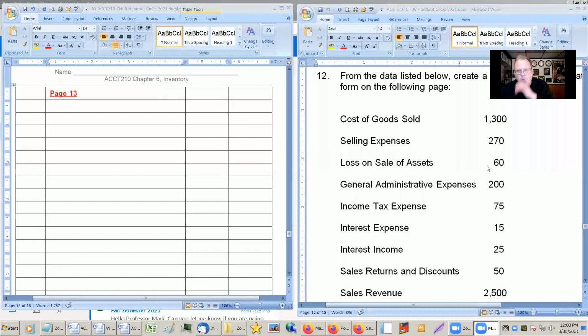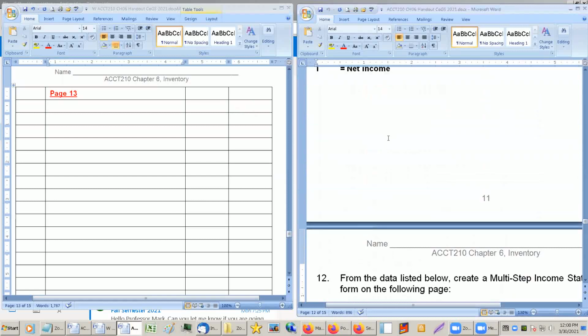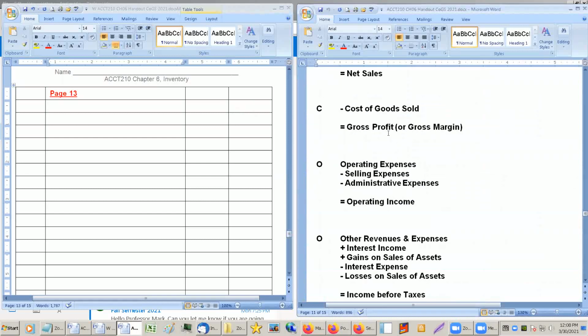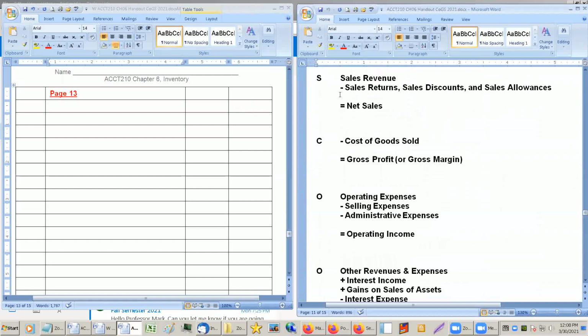Okay, so I'm going to share my screen. So let's go back. This is what we're doing, the multi-step income statement.